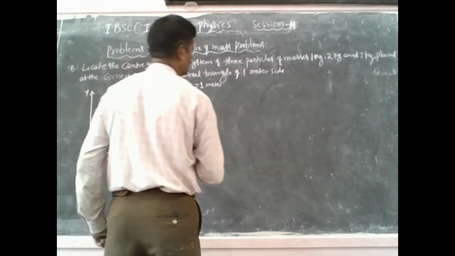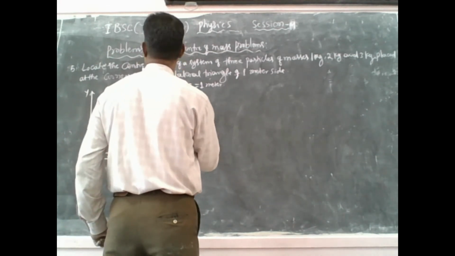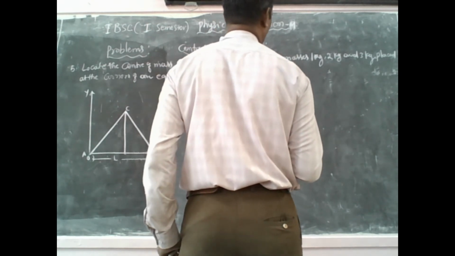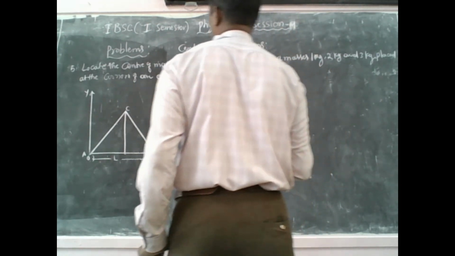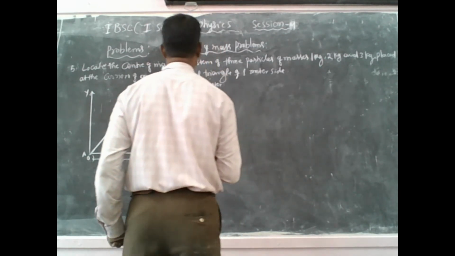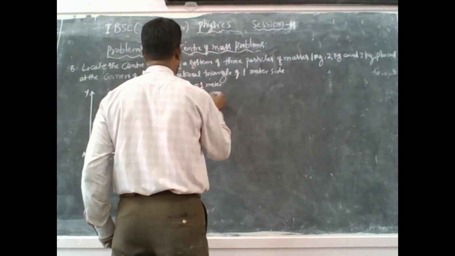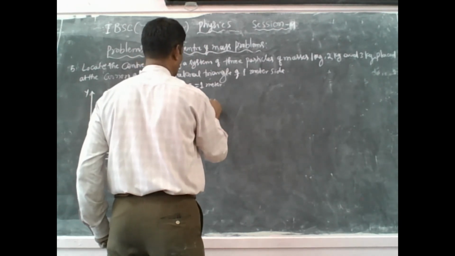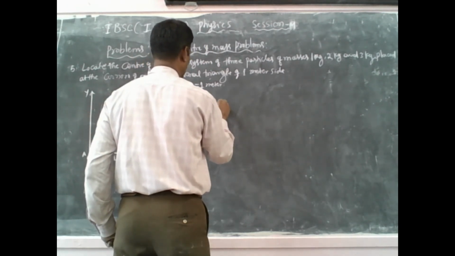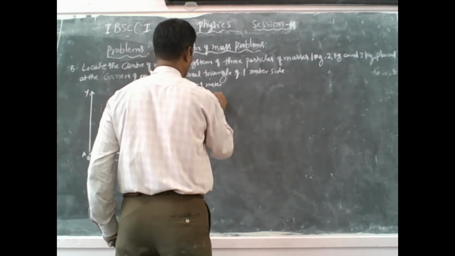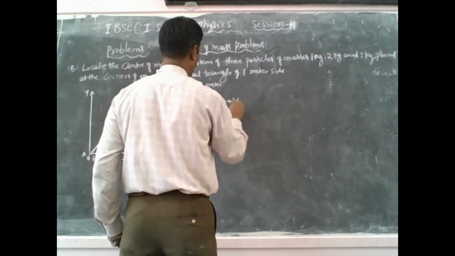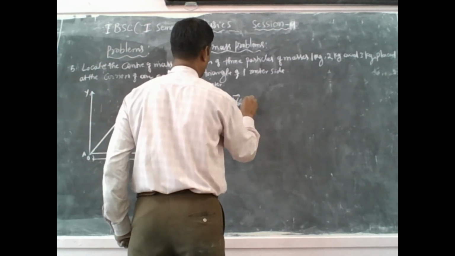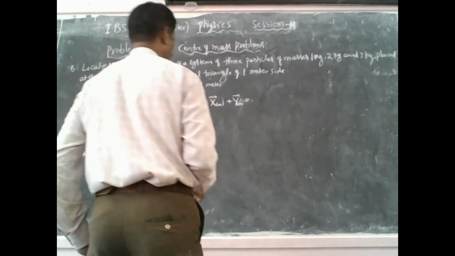And we know the center of mass. Locate the center of mass of a system of 3 particles of masses 1 kg, 2 kg and 3 kg placed at the corners of an equilateral triangle. So now we know that RCM equals XCM plus YCM, isn't it?